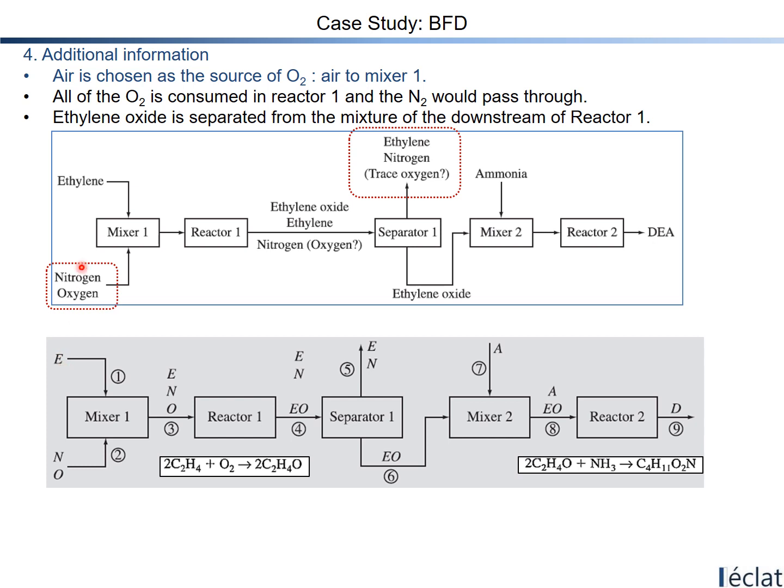E stands for ethylene and N stands for nitrogen. O stands for oxygen. The same thing, and ethylene oxide is here, EO, and the final product DEA is abbreviated as the D, and A stands for ammonia. And we have two reactions for two reactors respectively.